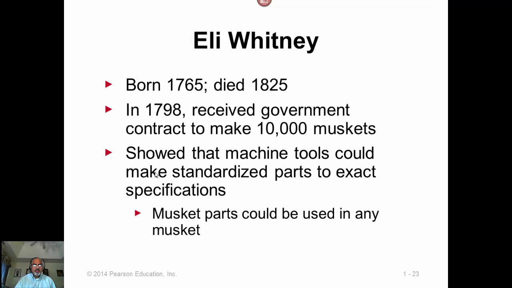Eli Whitney was the first one who received a government contract for making muskets. And he made separate standardized parts that can be put together, which was the foundation for assembly lines later on. And Frederick Taylor is known as the father of scientific management. He studied the motions and time study to create efficiencies in production.